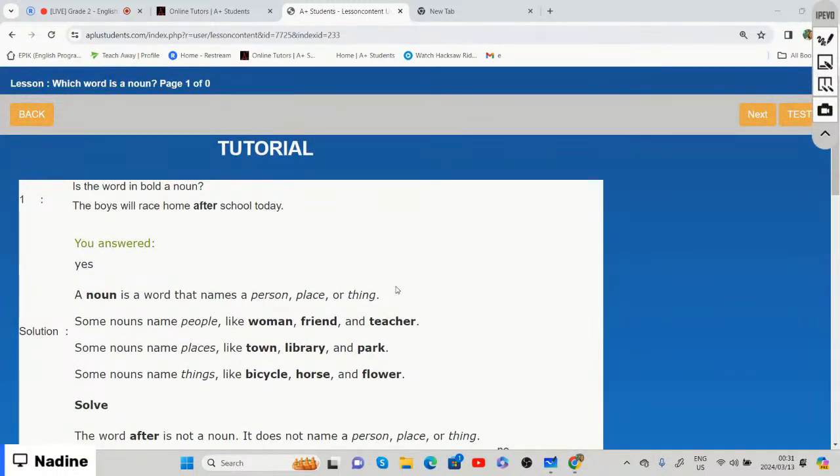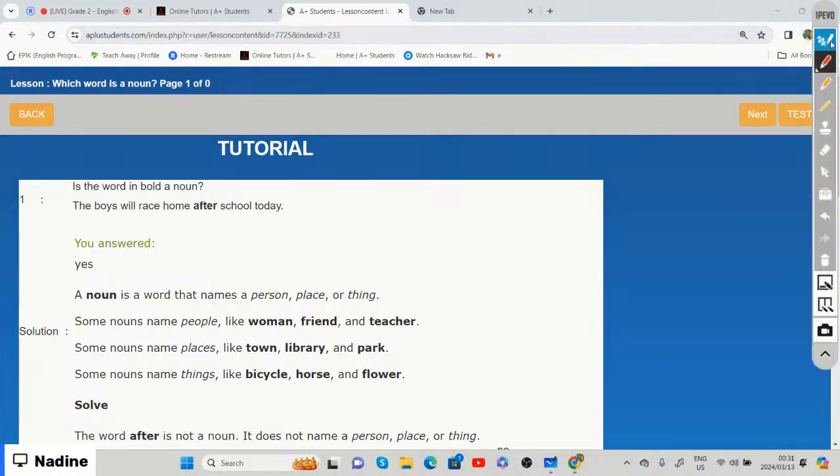So now, if we look at this sentence, we need to say if the word in bold is a noun. The boys will race home after school today. Is the word in bold a noun? After.